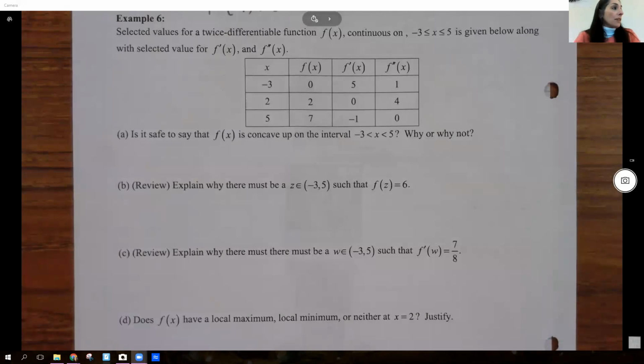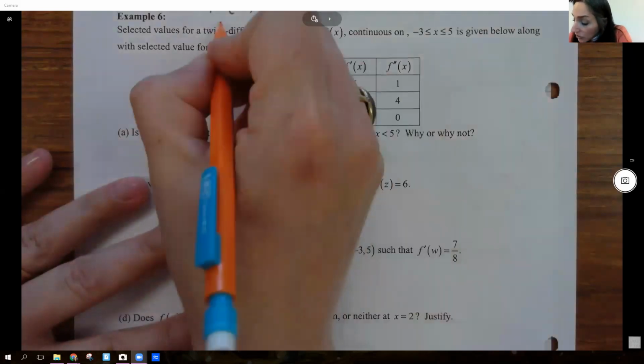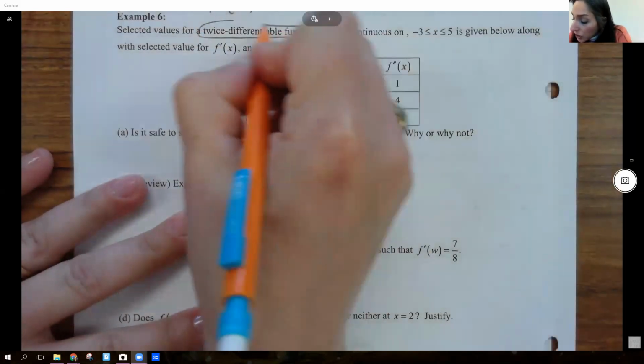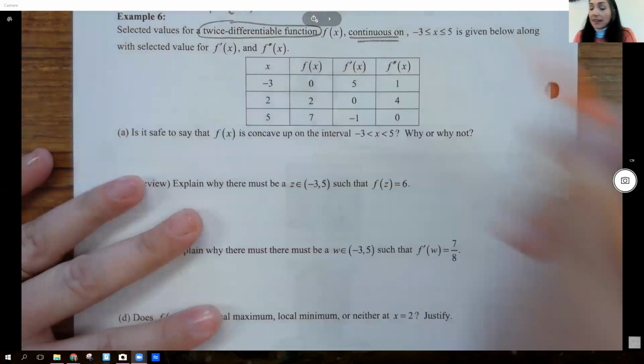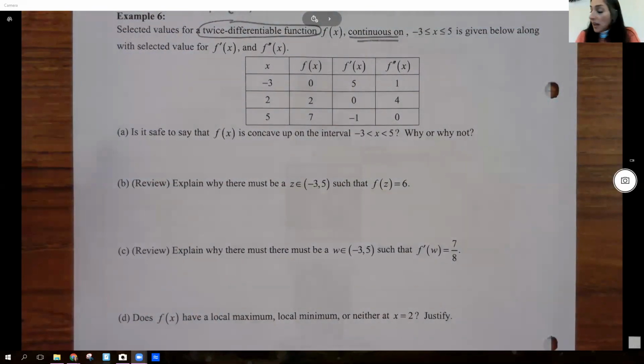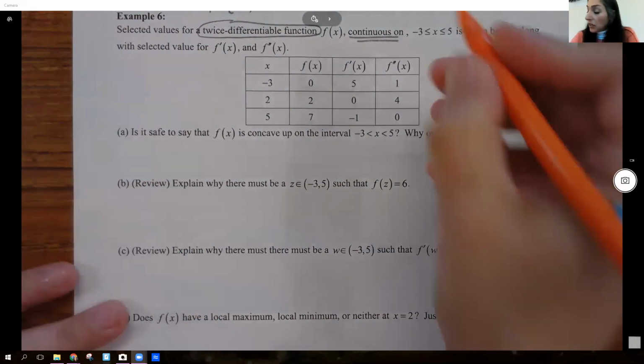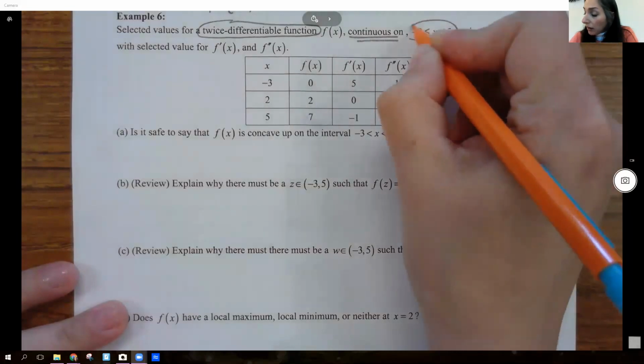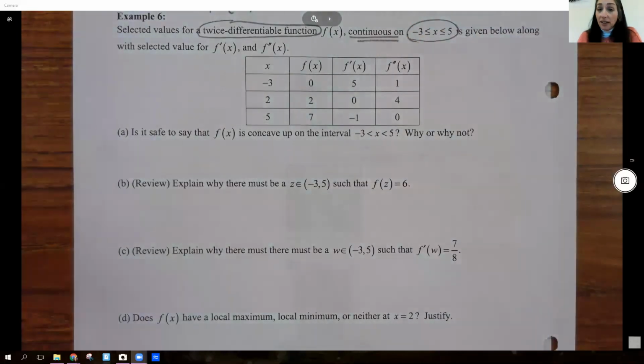They also tell us that f of x is a twice differentiable function. So that means that it is continuous, and specifically it's continuous on this interval right here. We don't know what's going on for the rest of the x values, but we know from -3 to 5, you have a continuous function, okay?